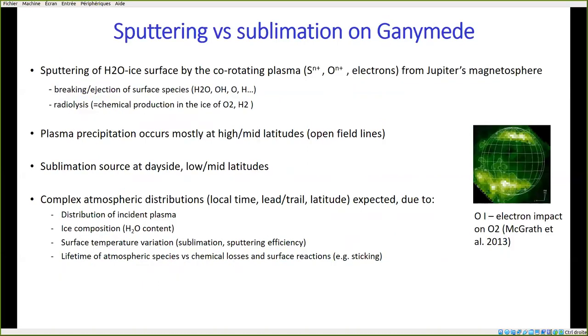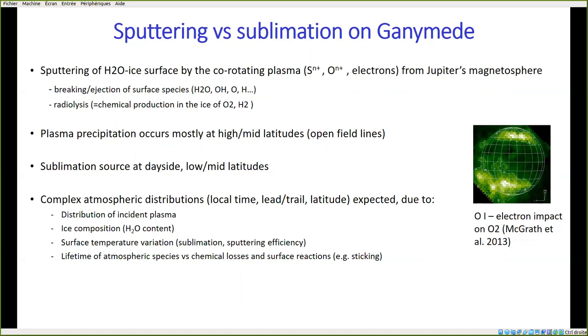An interesting case of the coexistence of sublimation and sputtered atmosphere is represented by Jupiter's moon Ganymede. On Ganymede, we have a water ice surface that's being sputtered by the flow of plasma. And the flow of plasma consists mostly of sulfur and oxygen ions and electrons that corotate with Jupiter's magnetosphere.